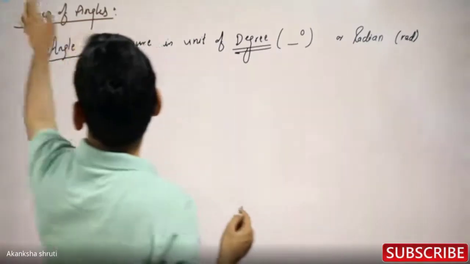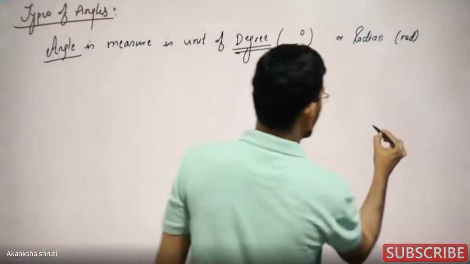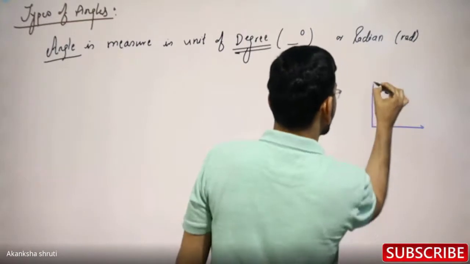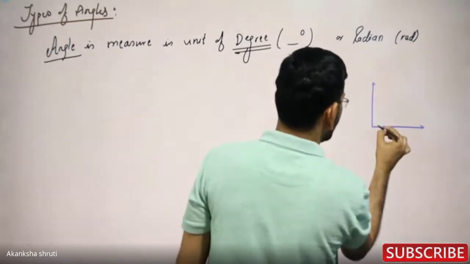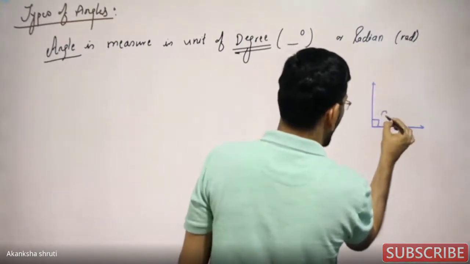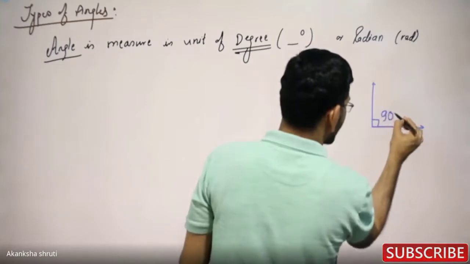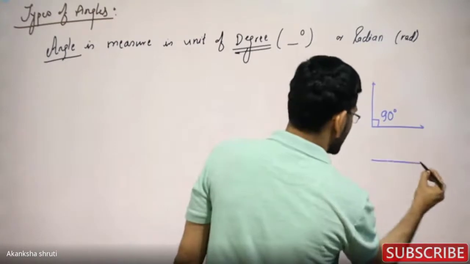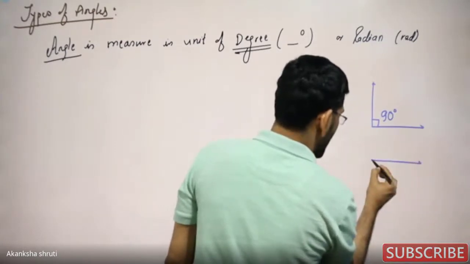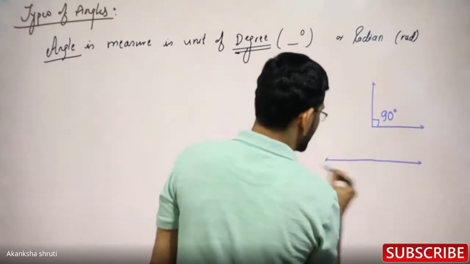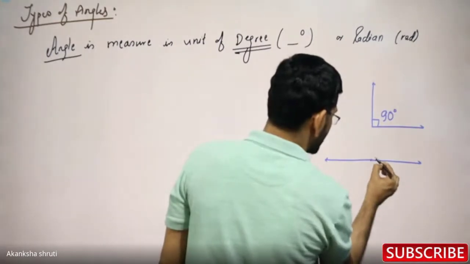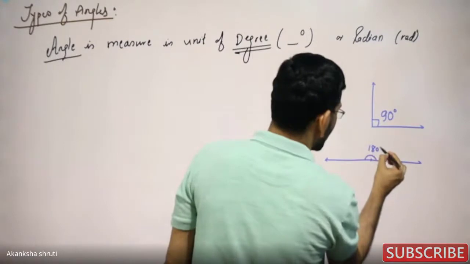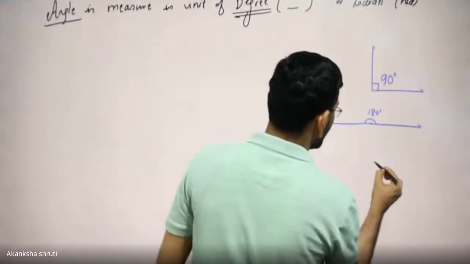Like, if we draw one line as this horizontal line and another line as this vertical line, whatever angle is formed will be denoted as 90 degrees. Students, if we take this horizontal line and extend it backward also, then at this point the angle formed will be 180 degrees.